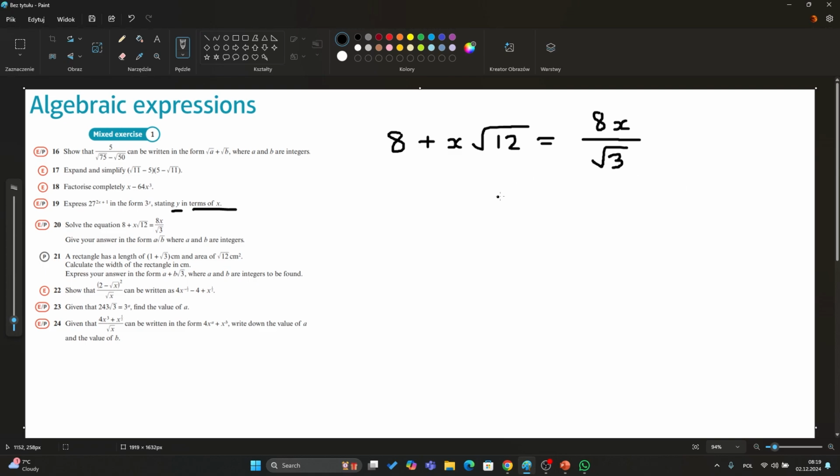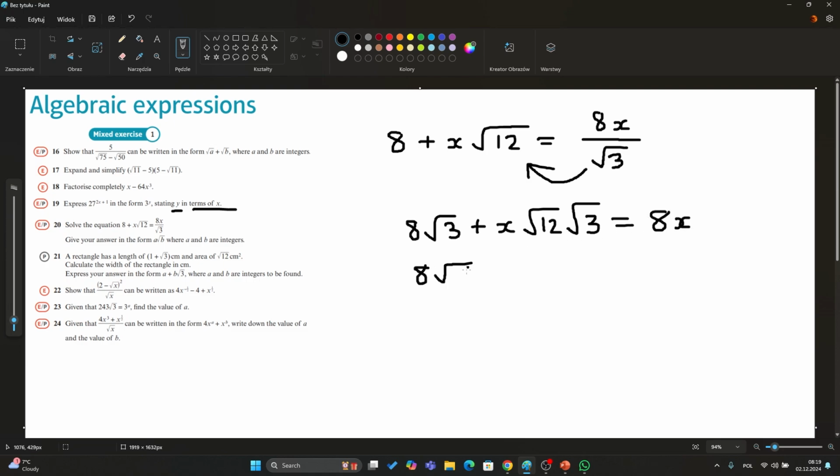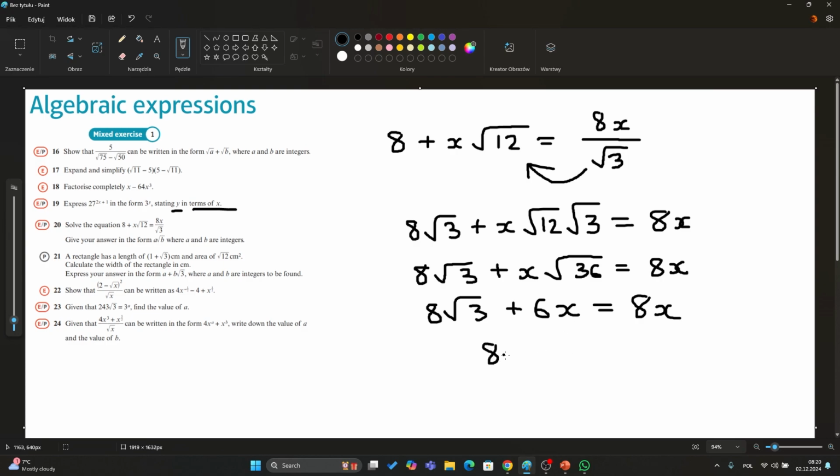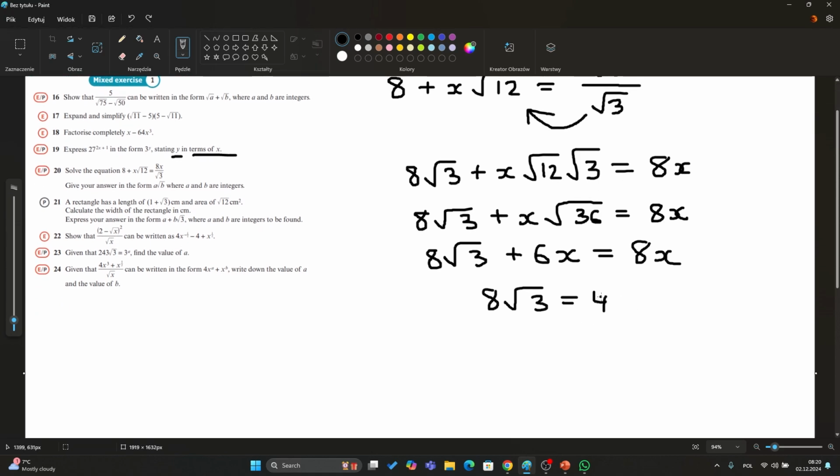So what happens is that we get rid of the square root of 9, square root of 3, to be 8 square root of 3 plus x square root of 12 square root of 3 equals 8x, and therefore 8 root 3 plus x root 36 equals 8x, and 8 root 3 plus 6x equals 8x, and 8 root 3 equals 4x, and actually 2x, and x equals 4 root 3.